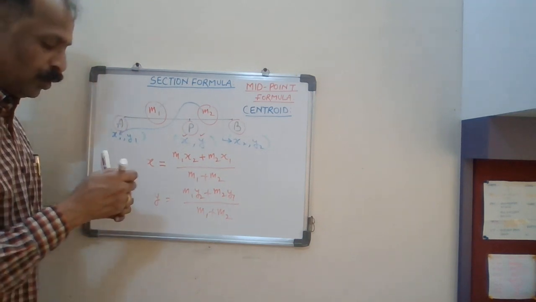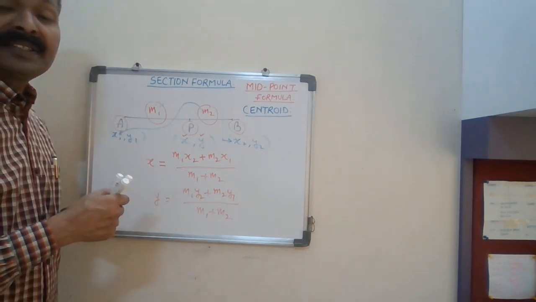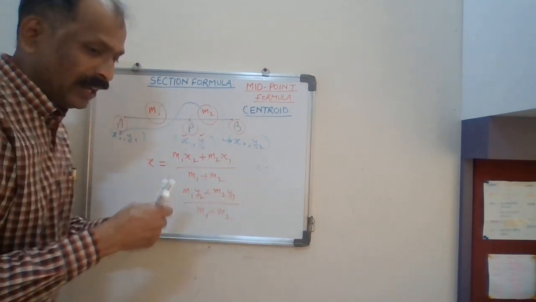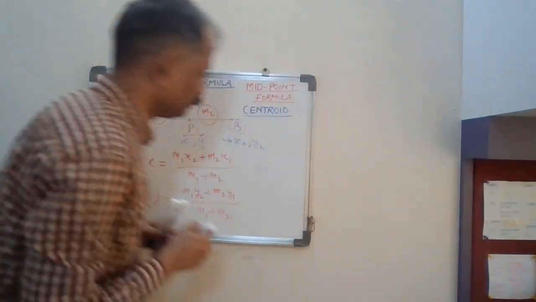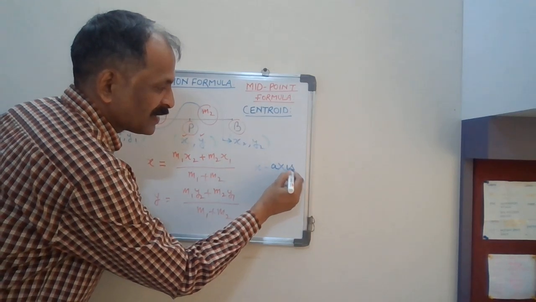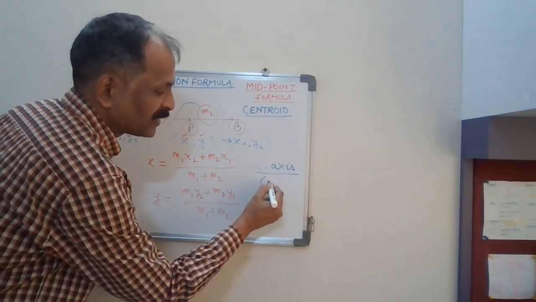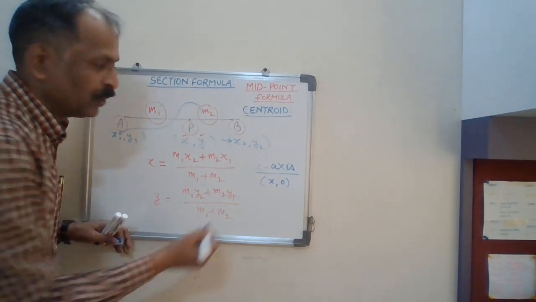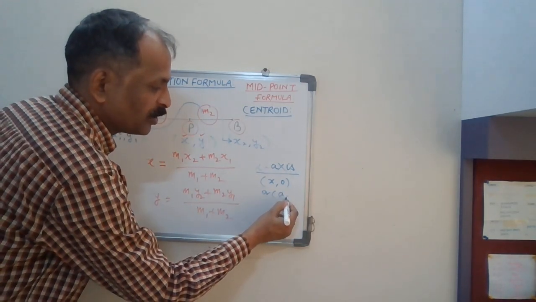Very easy. Moreover, you have to remember that whenever a point lies on the x-axis, y is 0. So you can take the point x comma 0, or you can take a comma 0.